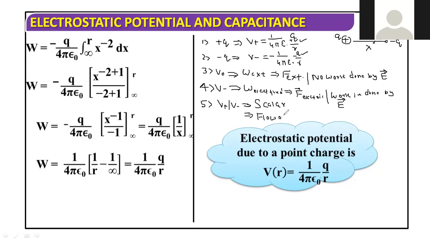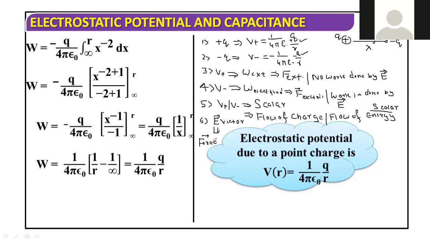Because potential defines energy, and energy is scalar, potential is also scalar. But electric field is a vector. Why is it a vector? Because electric field defines force, and force is a vector.